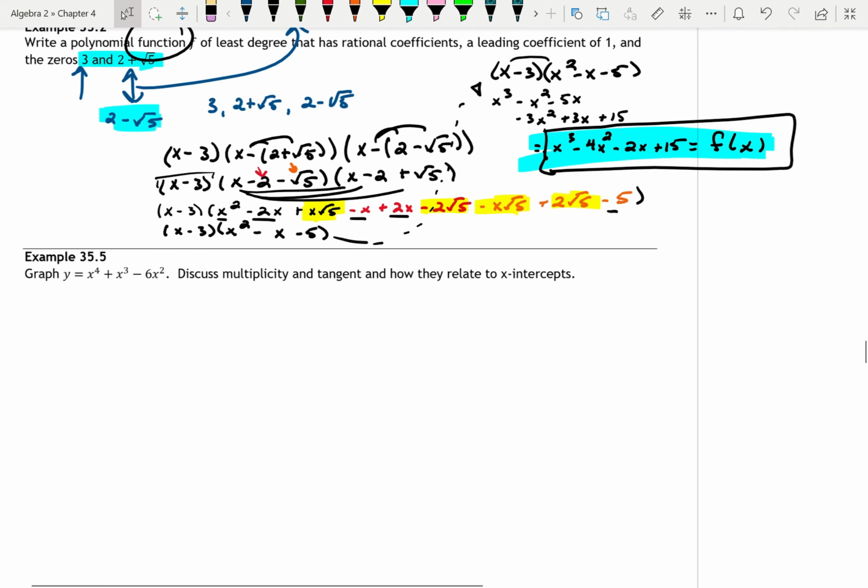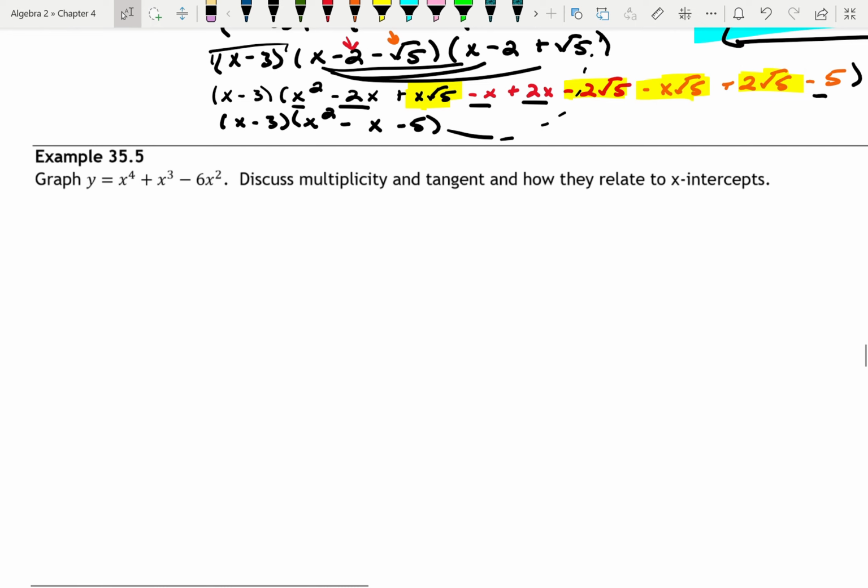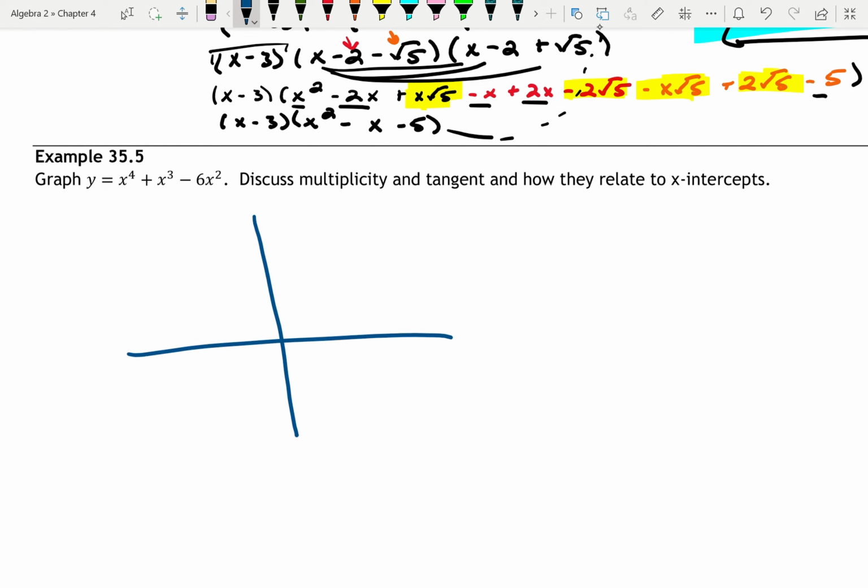All right, example 35.5, we're supposed to discuss multiplicity and tangent and how they relate to the x-intercepts here. So I'm going to take my graphing calculator and just draw a rough little sketch here for us. We have x to the 4th plus x cubed. If you have a graphing calculator handy, that would be a good idea to type this in here.